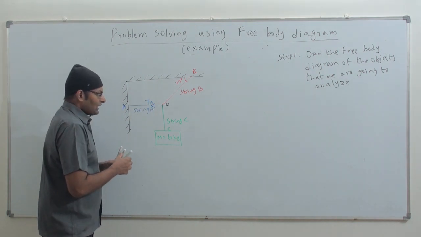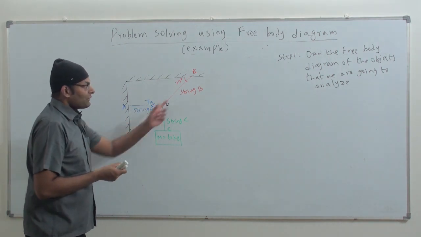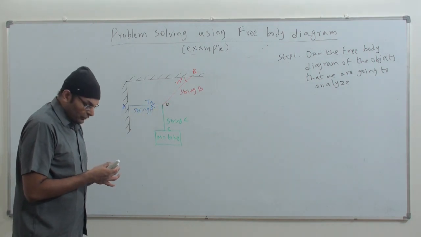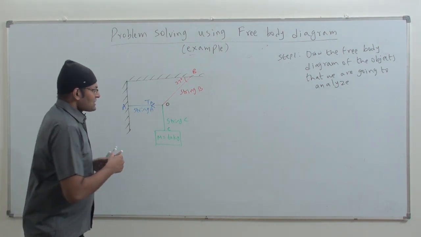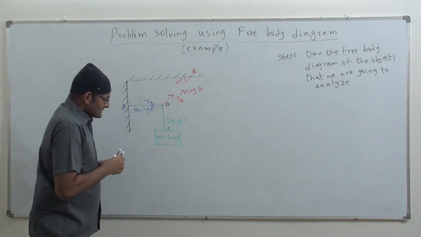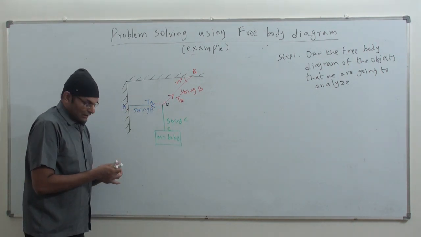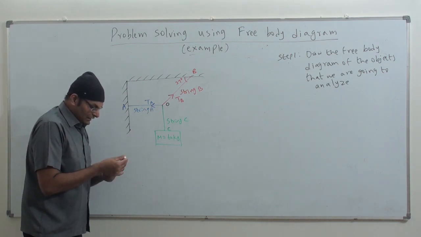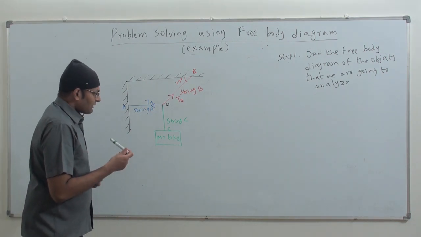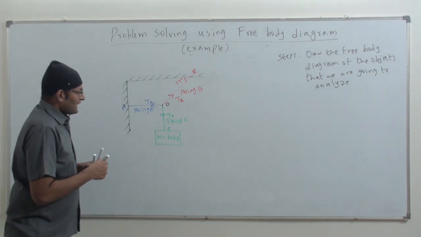The same way, for the tension in string B with respect to point O, the tension is acting away from point O. The same way, for string C with respect to O, it is moving away. I will write it as tension TC. Okay, so we have TA, TB, TC.